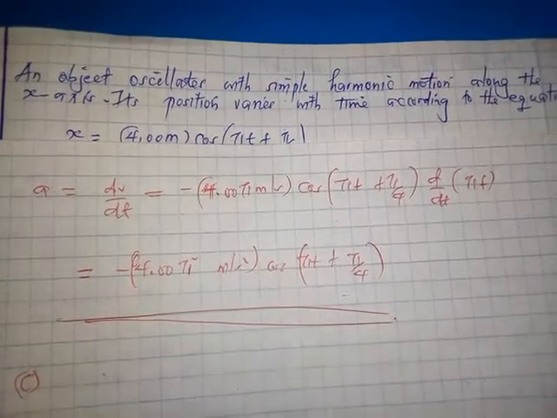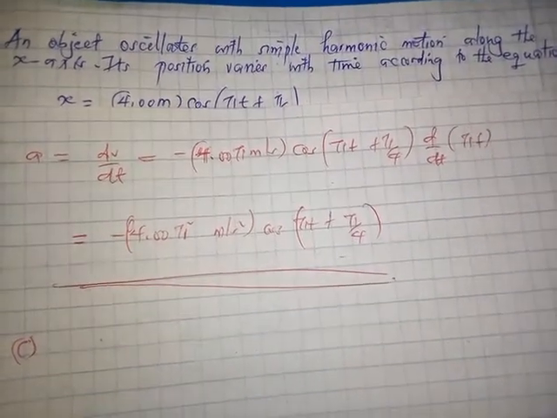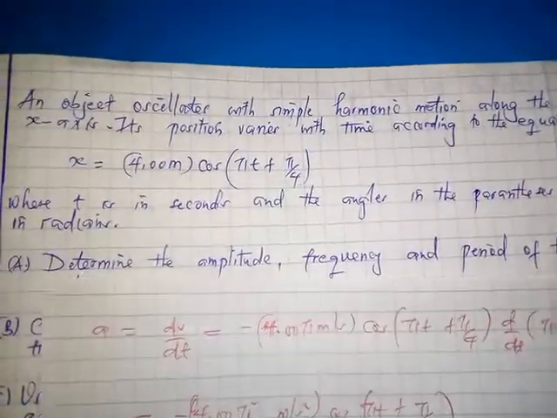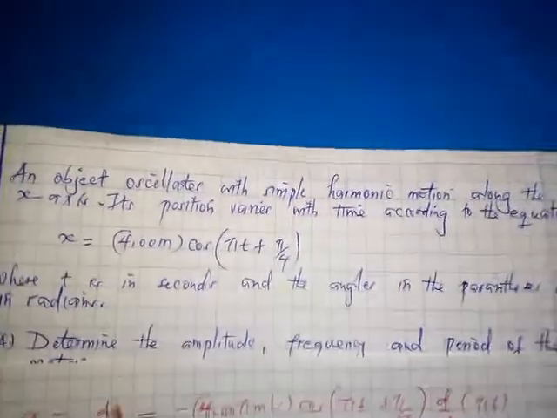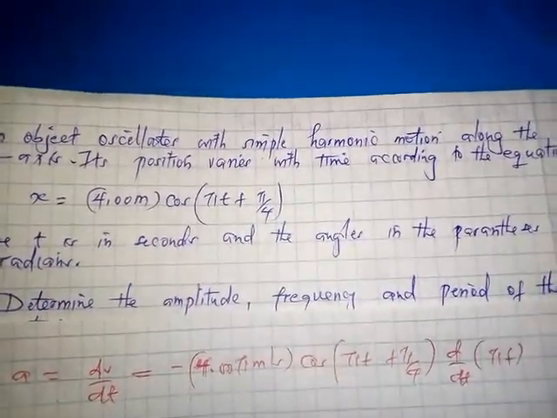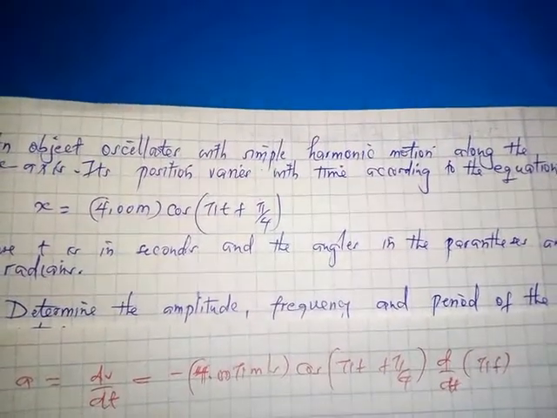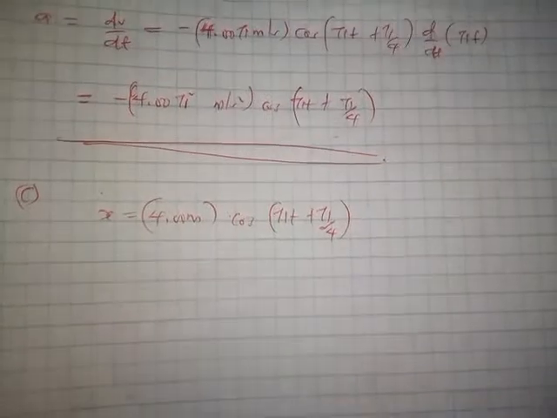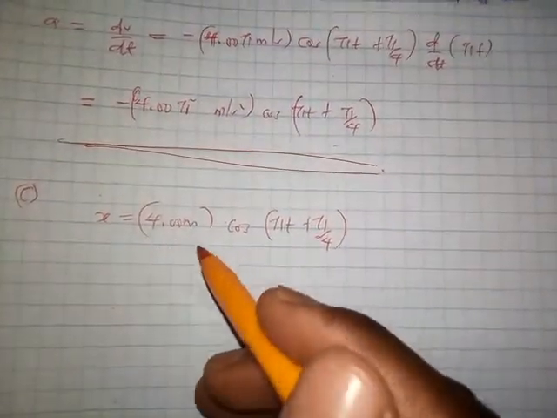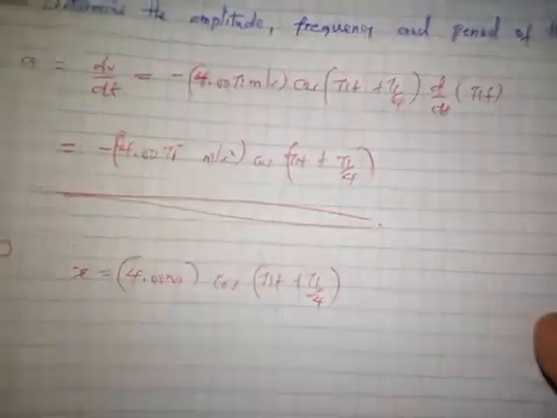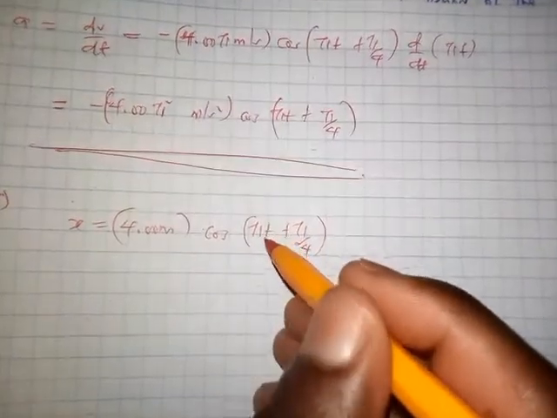Where there is t, we put 1. So if we start with the position, the displacement x is equal to 4.00 meters cos(pi t plus pi over 4), we substitute t with 1.